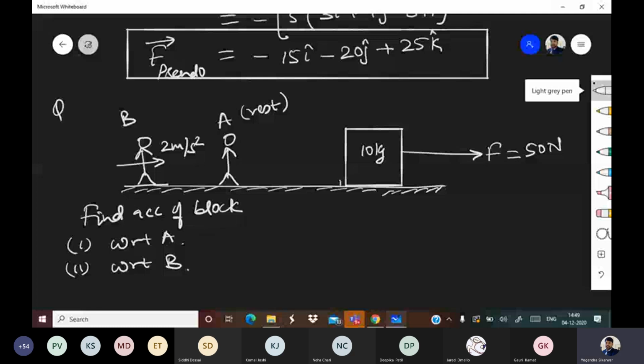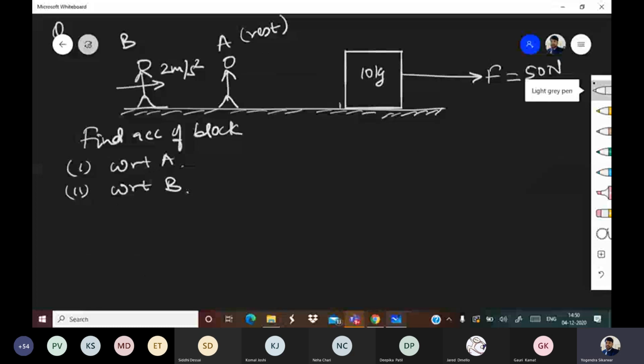So everyone please pay attention. Now there are two frames basically. One frame is with respect to A. So A is what kind of frame? A is inertial frame. So with respect to A, what is happening? mg is 10g acting downward. N is acting upward. So in vertical, we are not talking. Along horizontal, we are talking.